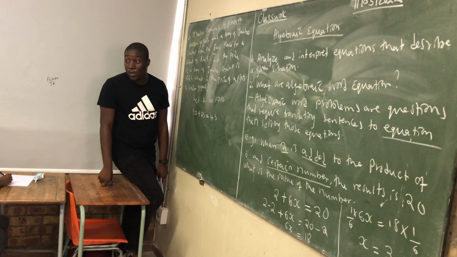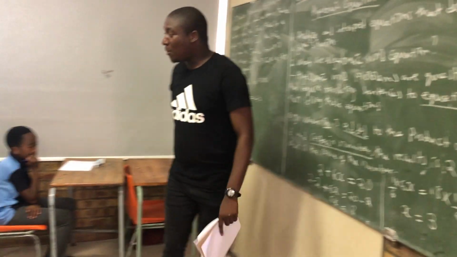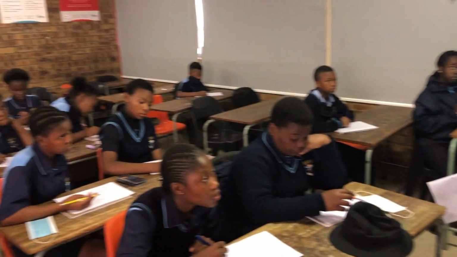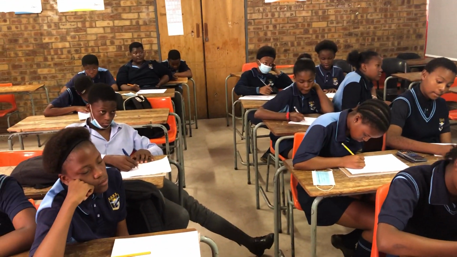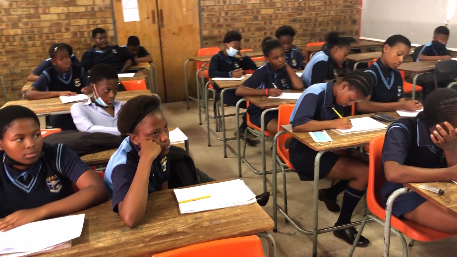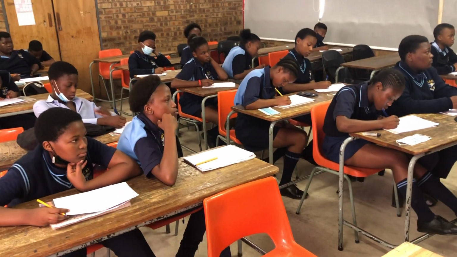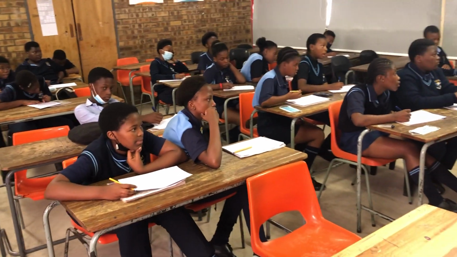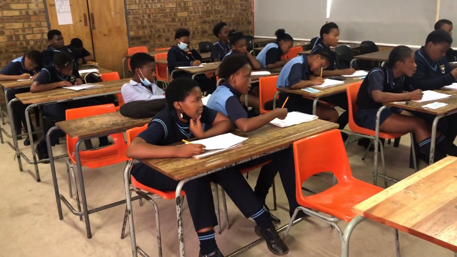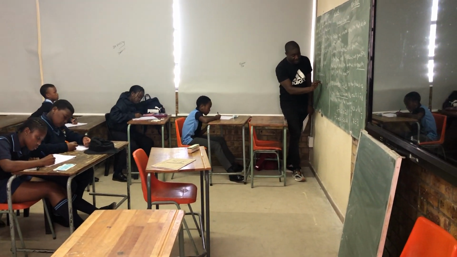Now we are going to solve for x to find how much the pints of yogurt cost. So we are going to find the additive inverse of 25. What is the additive inverse of 25? Negative 25. So we're going to say 5x add 25 subtract 25.